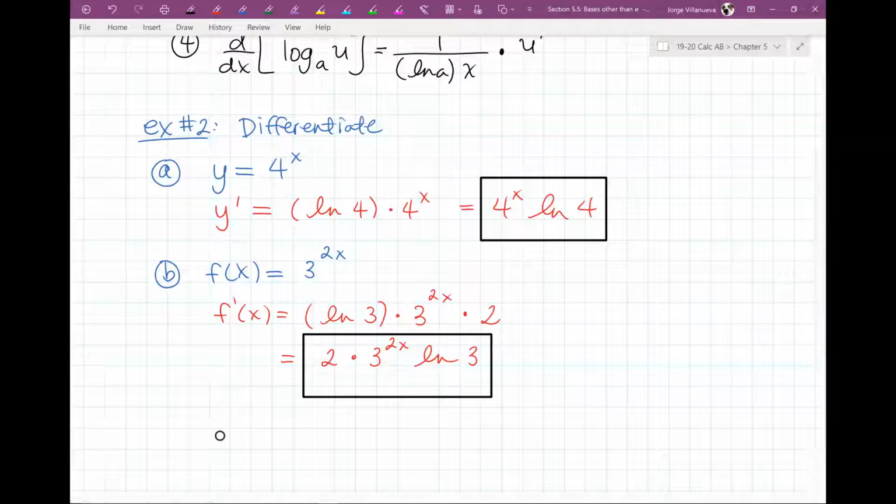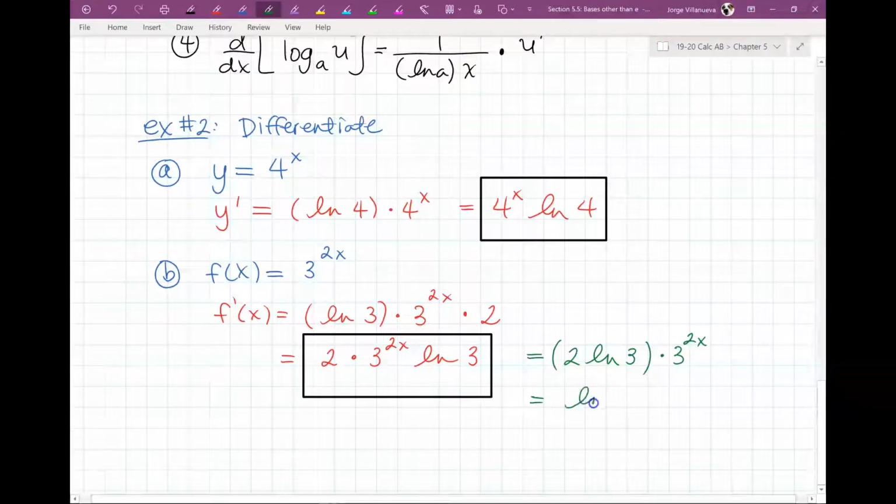Now, some people would prefer it written like this. I'll show you. Whenever it looks this crazy, they kind of prefer writing it like this in some cases. And the reason why they do that is because then they say, oh, that 2 in the front can become a power. So ln of 3 squared.